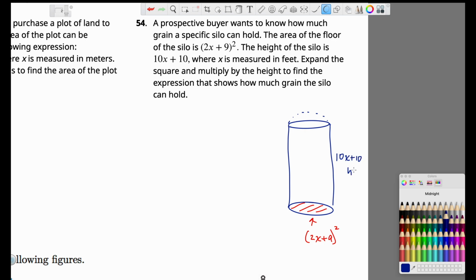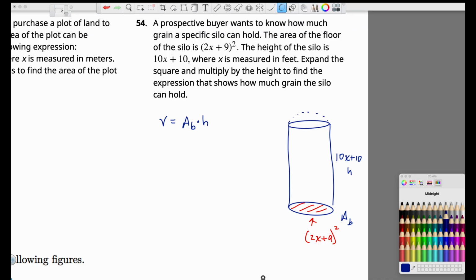So this is the height and this is the area of the base. And maybe you remember, if you took my class or any geometry class, area of the base times the height is the volume of any regular prism.